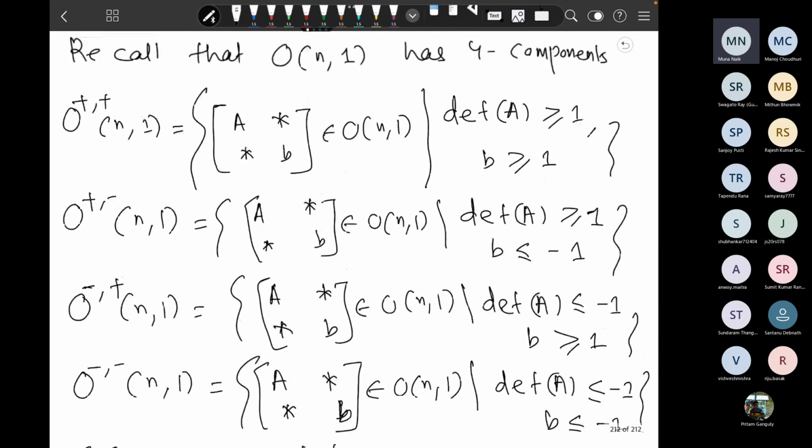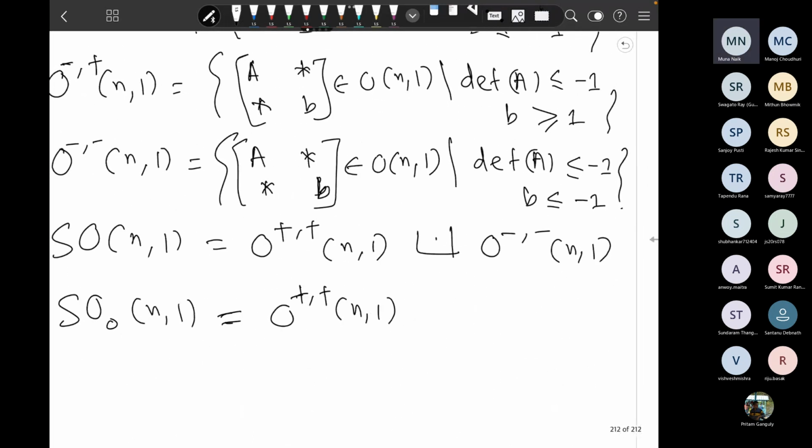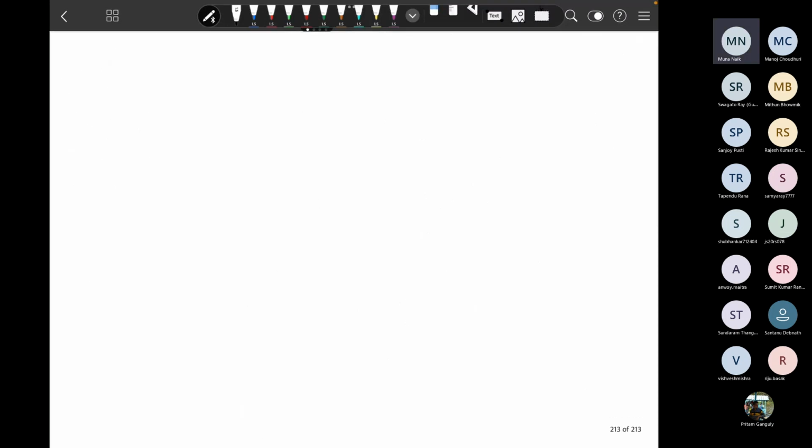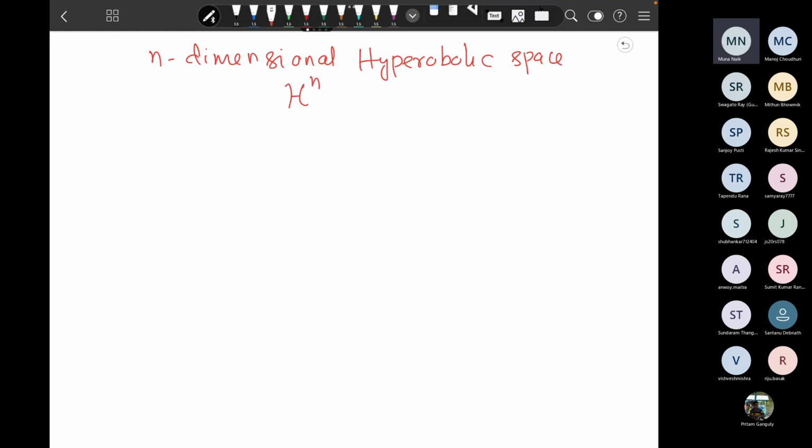Okay, so now we will move to something interesting, geometric space: n-dimensional hyperbolic spaces, denoted by H^n.